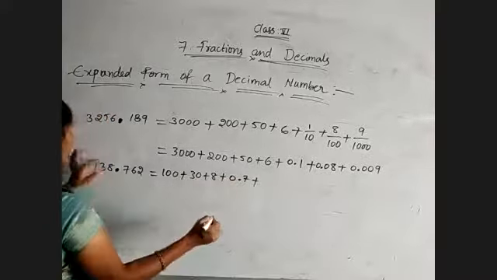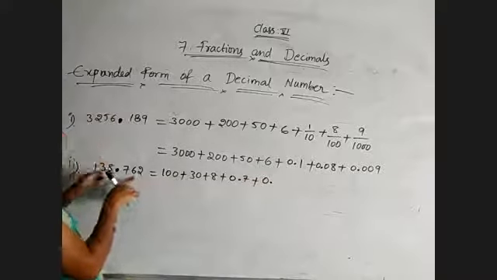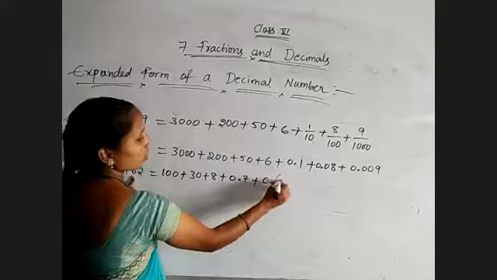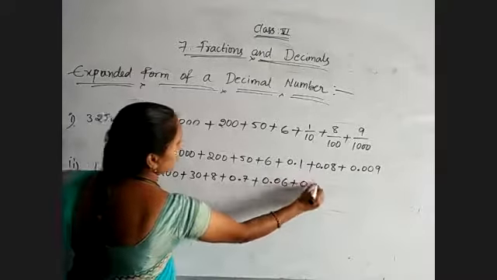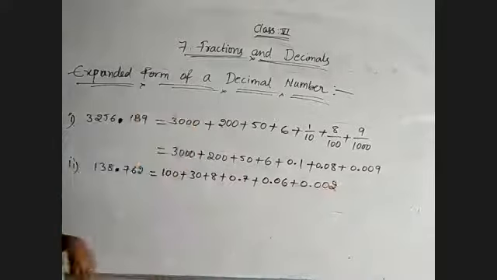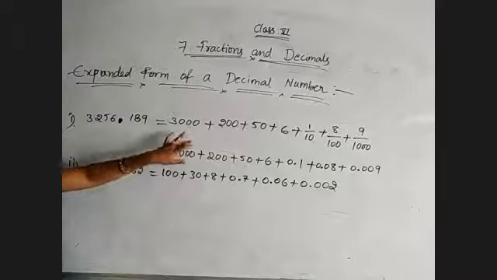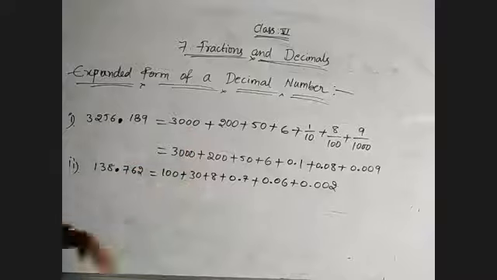That's all. Now 0 point, after 7 comes 6, so 0.06, plus 0.00, and the third digit is 2. That's all. Okay. So depending on the options, you need to select whether they are given in fractional form or decimal form.